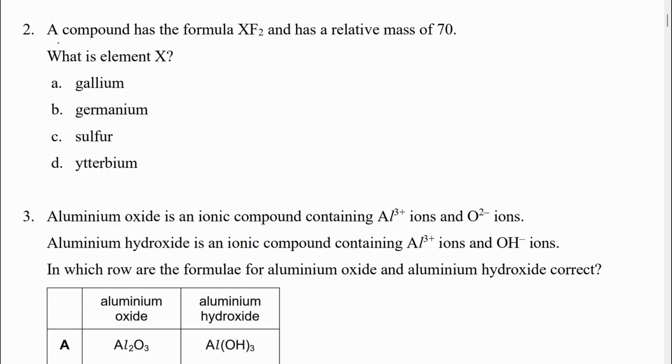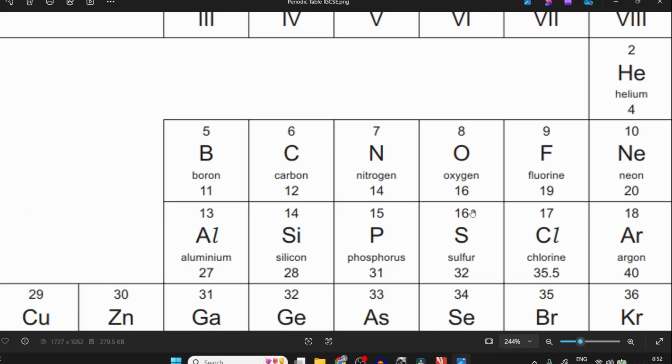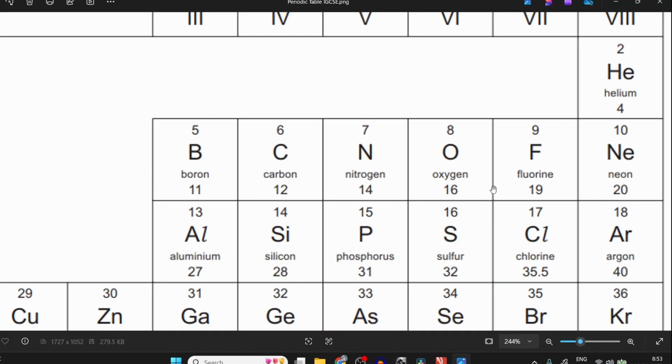Next question. A compound has the formula XF2 and has a relative mass of 70. What is element X? Okay, so we have XF2 equals 70. So X we don't know, plus F2 equals 70. If you look in the periodic table, the mass of fluorine is 19, right?